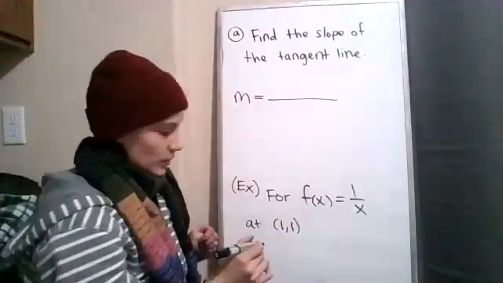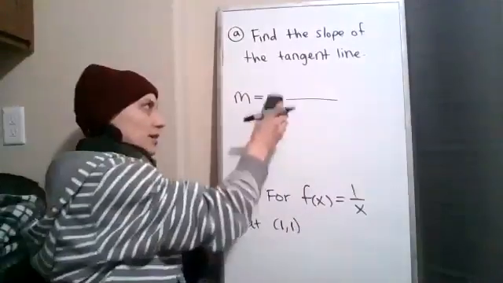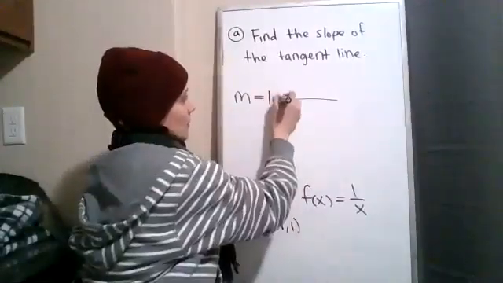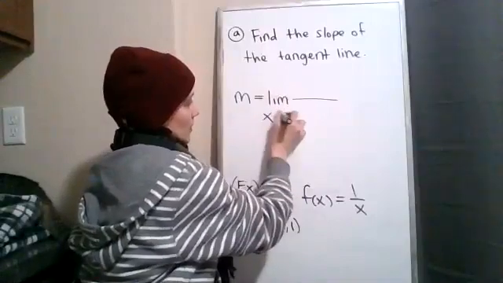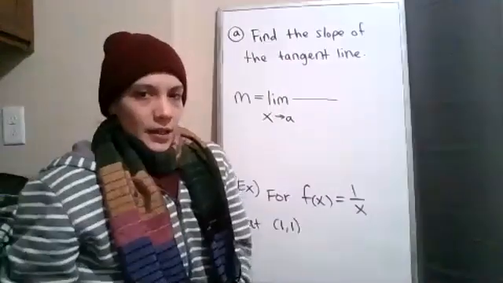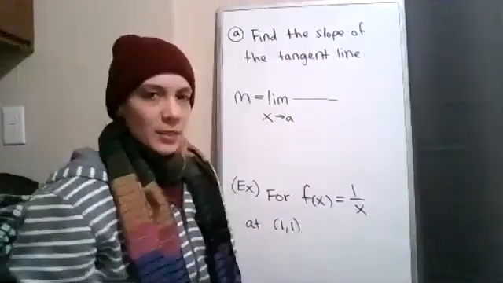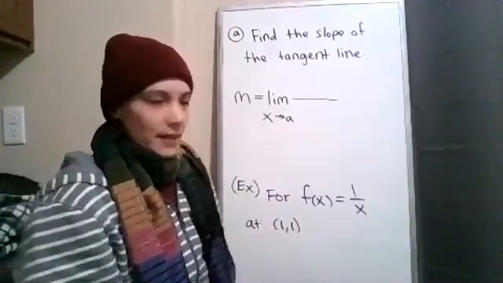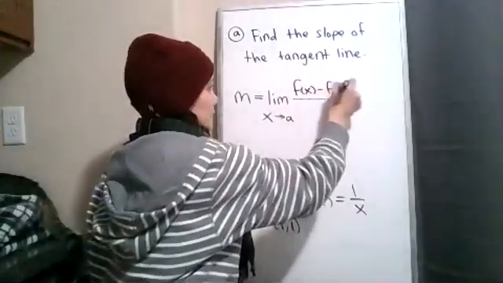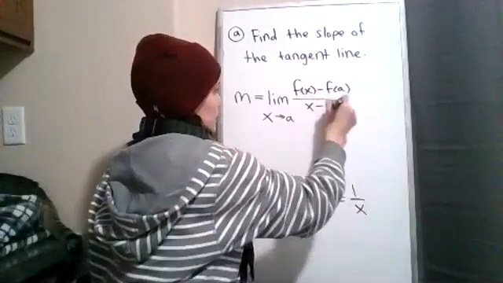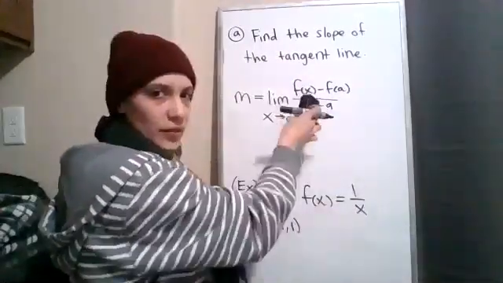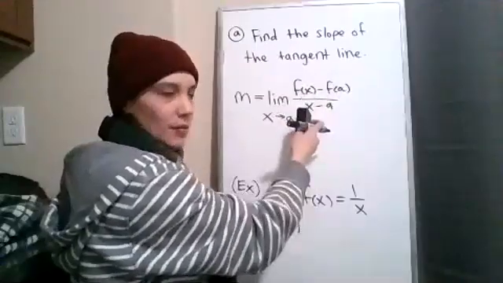Okay, we need the limit as x goes to a. Let's just put in the formula of f of x minus f of a over x minus a. f of x is 1 over x, so 1 over x minus 1 over a, over that denominator.